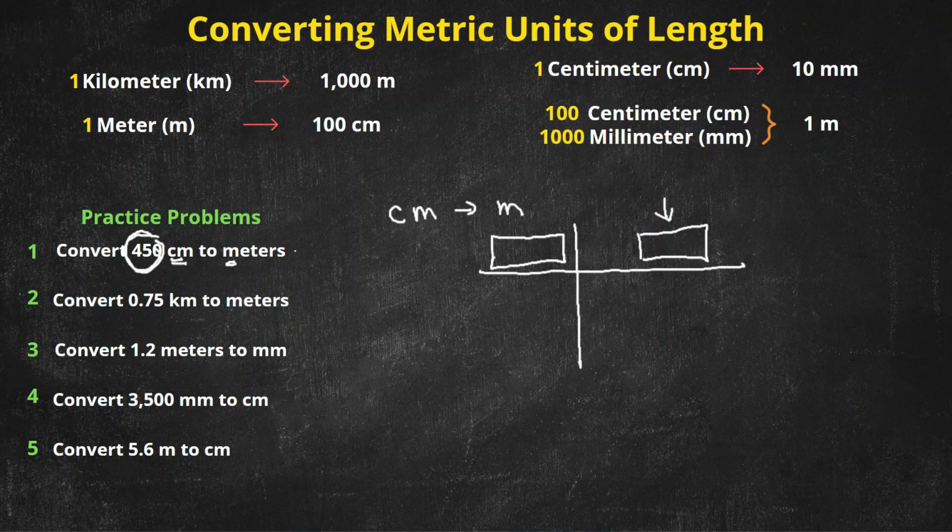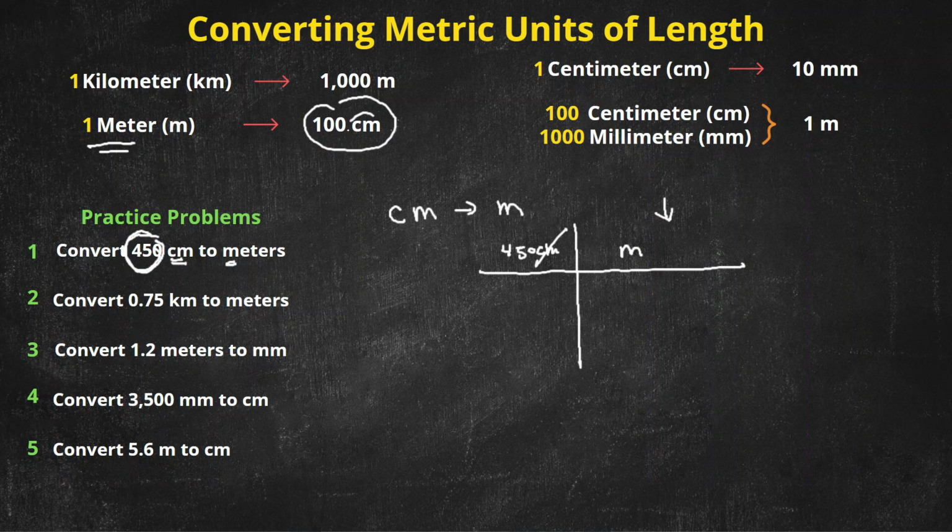So let's look at what we were given. We were given 450 centimeters. And we need to convert to meters. Now you need to ask yourself, I need a unit that can cancel this centimeter over here. So you know that 1 meter is equal to 100 centimeters.